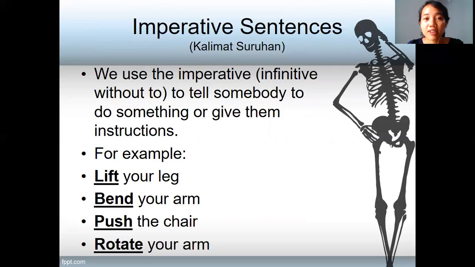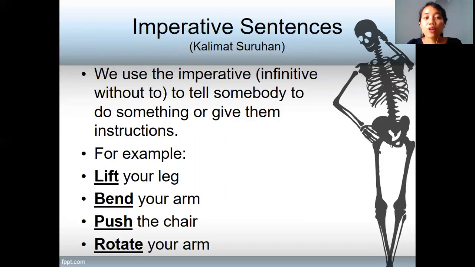For example, lift your legs. Here, lift means angkat your leg, angkat kakimu. Bend your arms. Bend artinya menekuk atau melipat. And then push the chair. Or rotate your arms. Rotate artinya berputar.